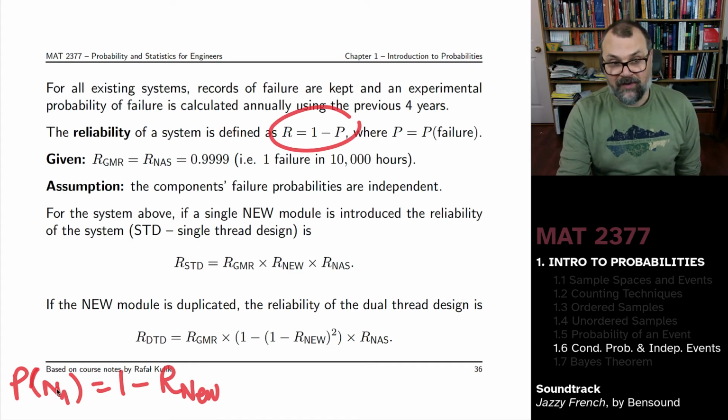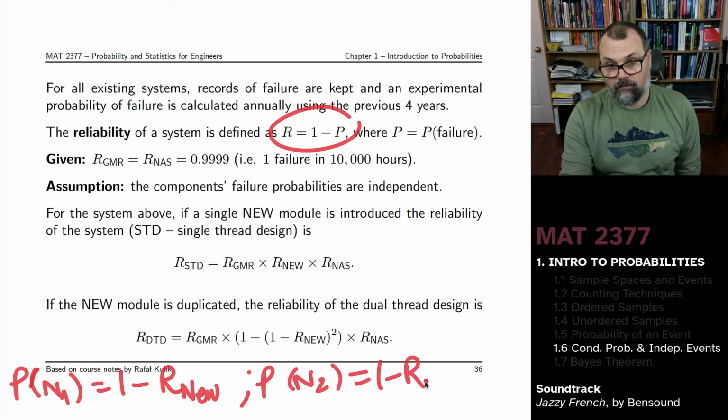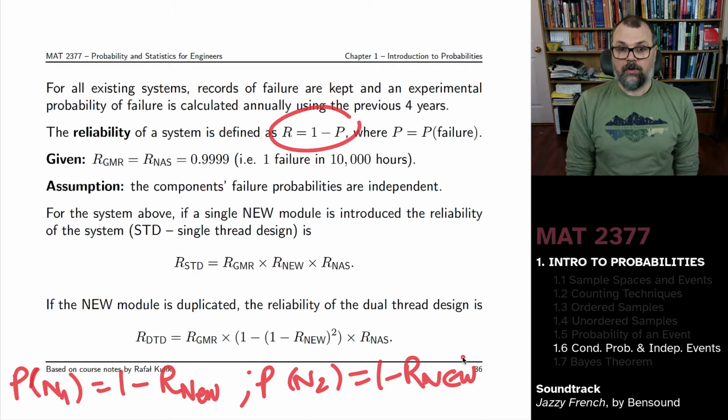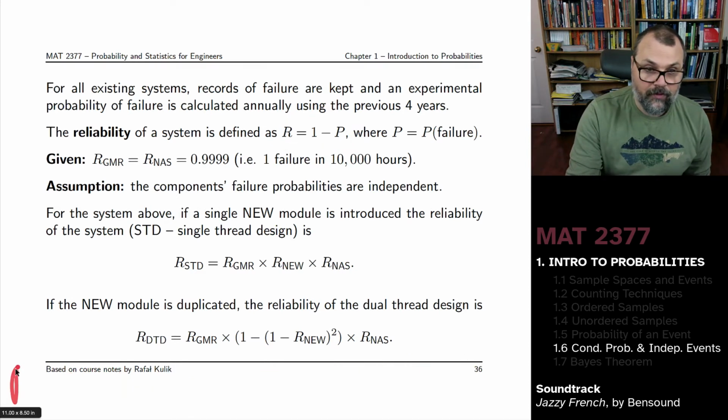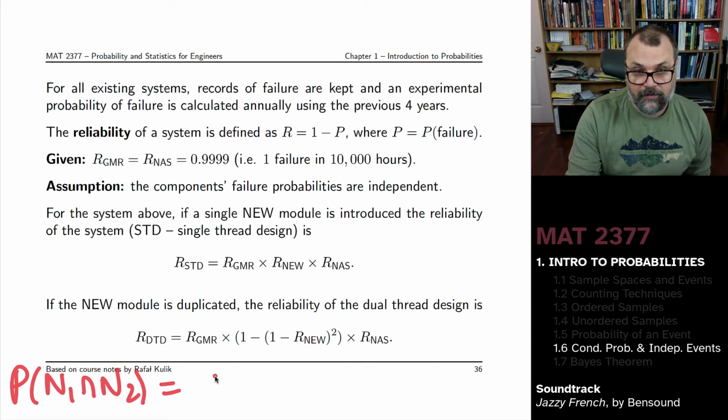And what's the probability of N1 and N2 failing? Well, it's the same one for N2, right? So what's the probability of both of them failing if they're independent?